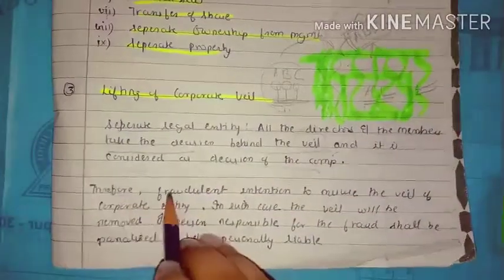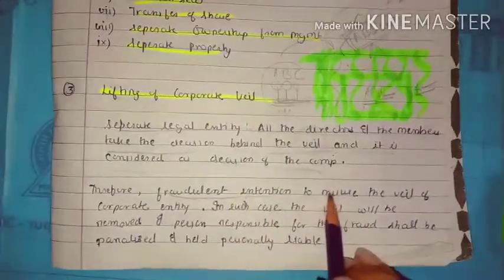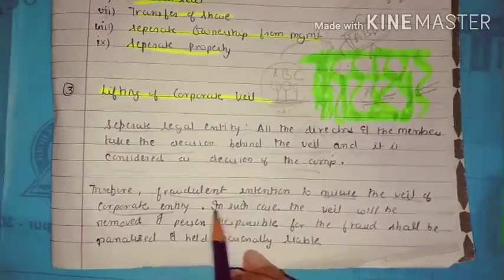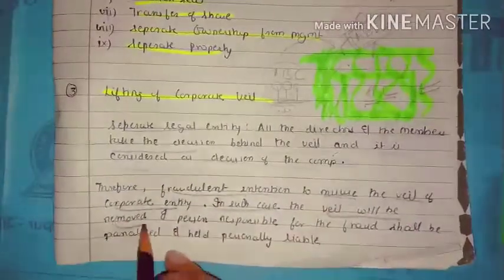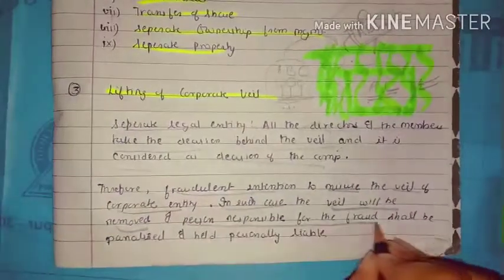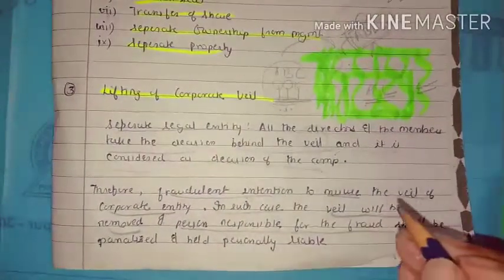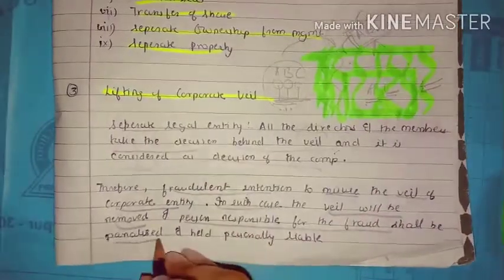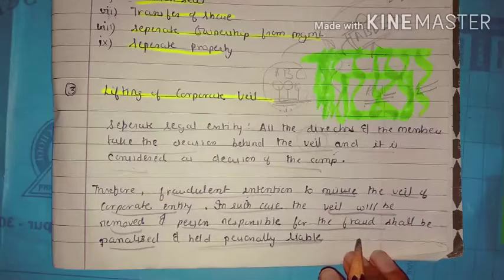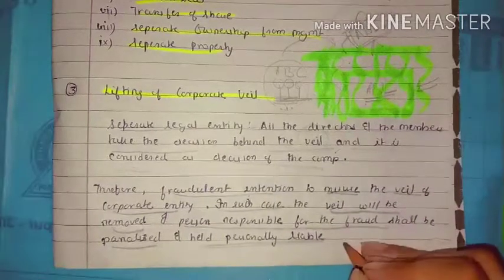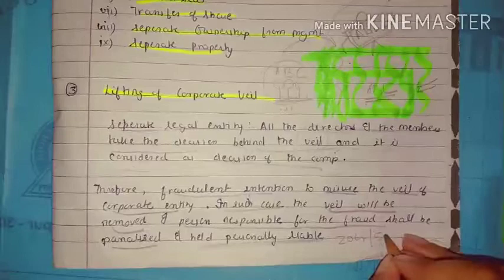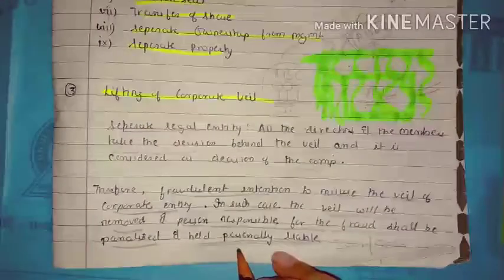Therefore, in case of fraudulent intention to misuse the veil, the curtain of the corporate entity of the company, the veil will be removed by the court, and the persons responsible for the fraud, that is the management or the members of the company, shall be penalized and held personally liable. In this case, even if their liability is limited up to 20 crores, they have to pay the 50 crore rupees as a penalty, as they are now personally liable.